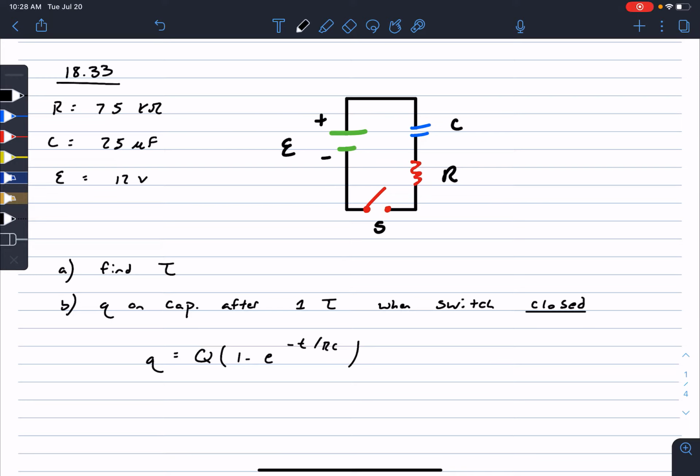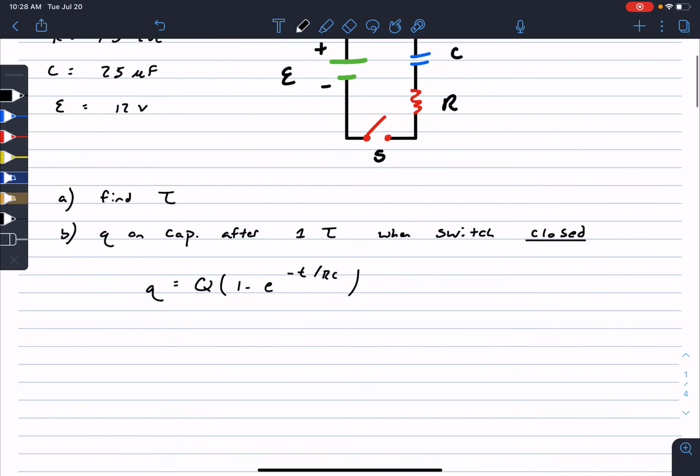Okay, so first things first, we're asked to find tau, which we have a very handy formula for in the summary of the chapter, which is the resistance times the capacitance. Now that gives us 75 kiloohms times 25 microfarads, and that gives us a value of 1.875 seconds.